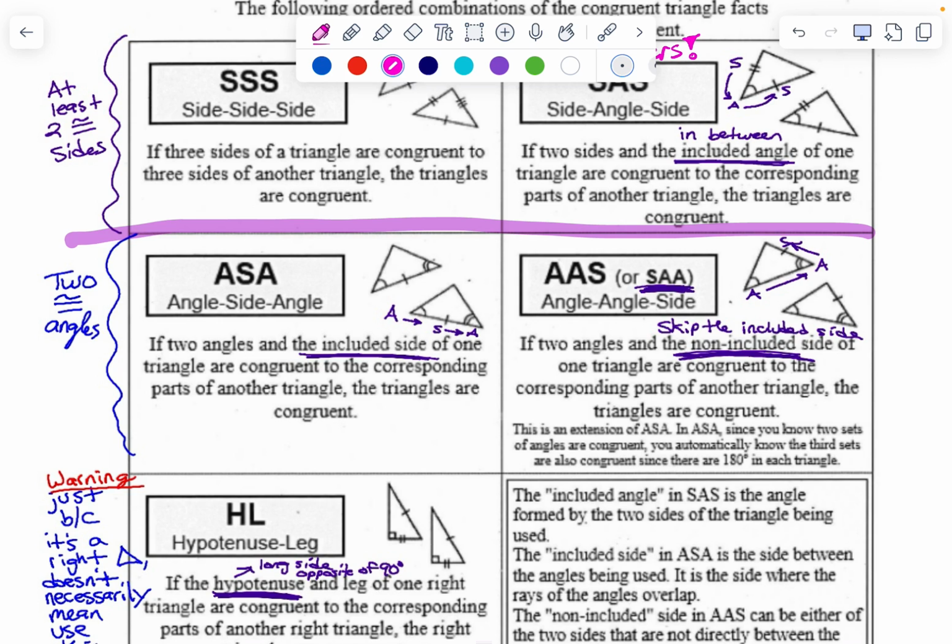Okay, in the second figure, angle, angle, we're skipping over that piece in between this time, and then wrap around to hit the other congruent side. So just keep making that note that order matters.